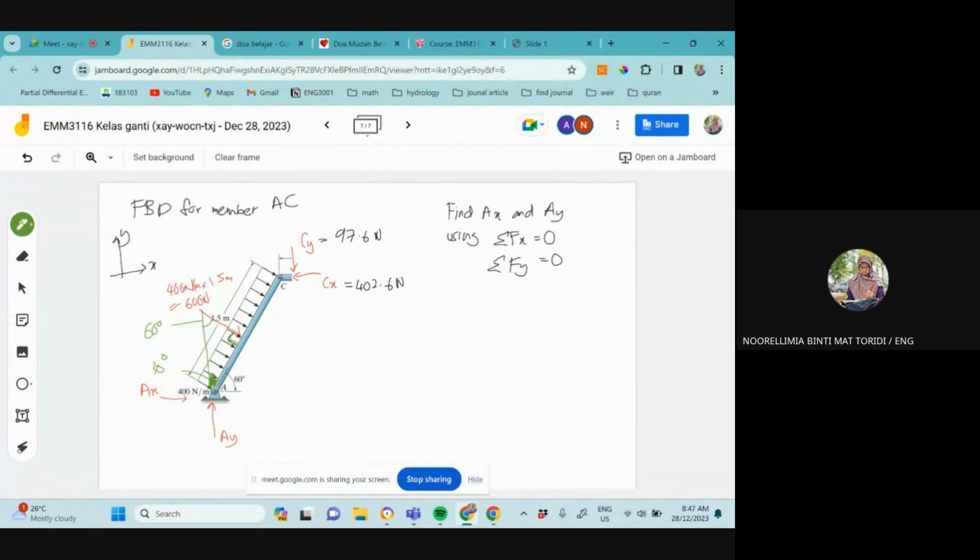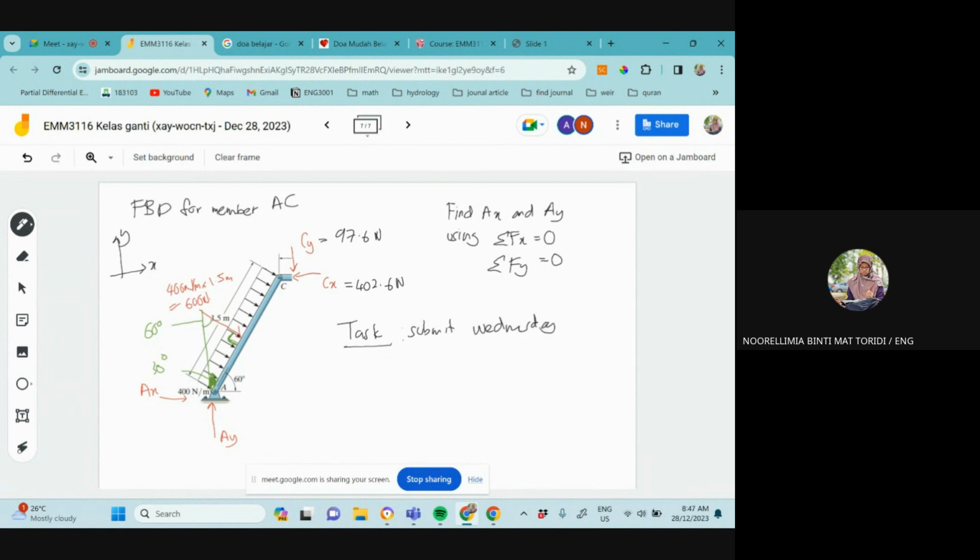So your task is break this one into X and Y and then find out the value. The task you have to submit for next class, submit next week Wednesday.